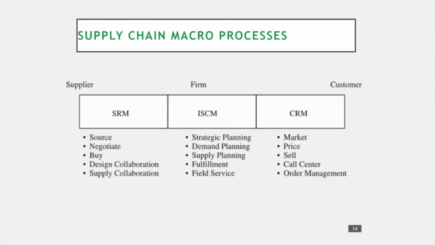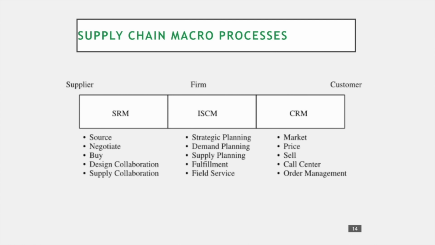So these three macro processes, SRM, ISCM, and CRM, manage the flow of products, information, and funds. And also they are required to ensure that customer orders are generated and finally fulfilled. If you look at CRM, which is closer to the customer, the processes involved at that stage are things like marketing, pricing of the products, sales, call center, how the order will be managed, and so on.